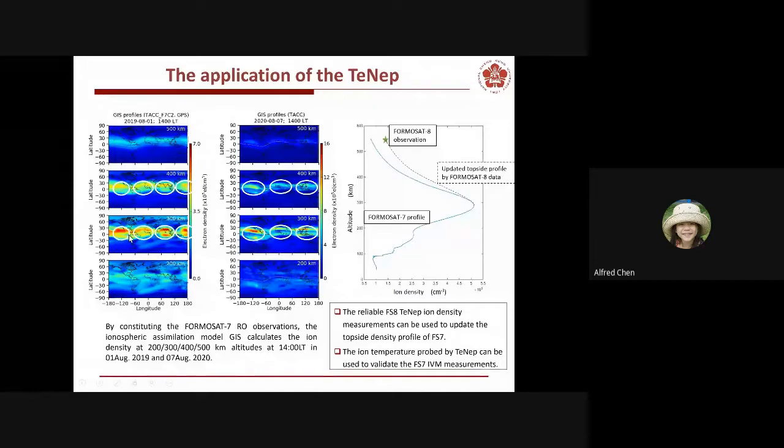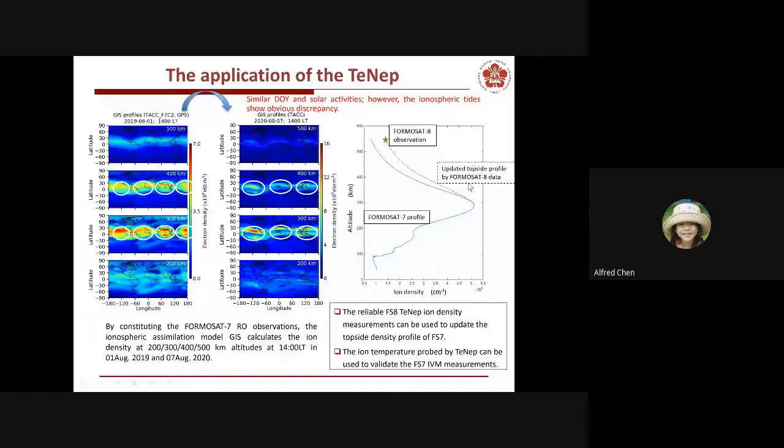This is in 2019, and this is 2020. We can see there is a similar day of the year and similar solar activities. However, the ionospheric tides show obvious discrepancy. We can see very clear 4-wave signatures here, but we can only see 3 here. So the TNEP can help to have a more accurate observation to help the assimilation models.